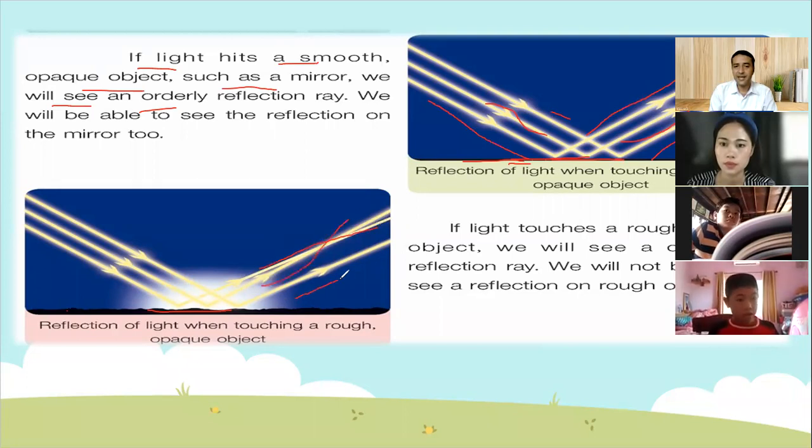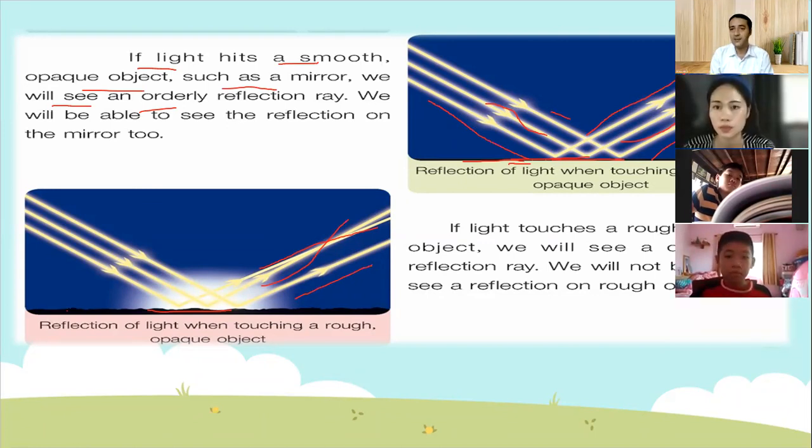It goes here and there. Why? Because of the surface. So when light touches a rough opaque surface, the reflection will not be in the same manner. It will be in a different manner. Okay, students, you understand that?